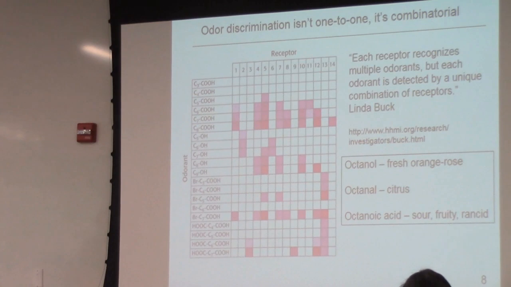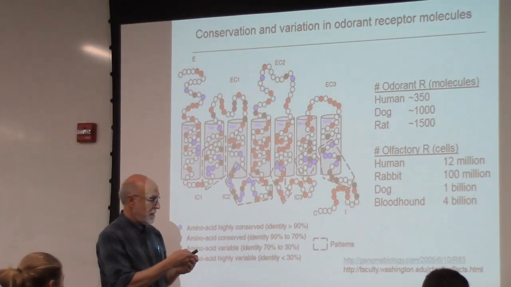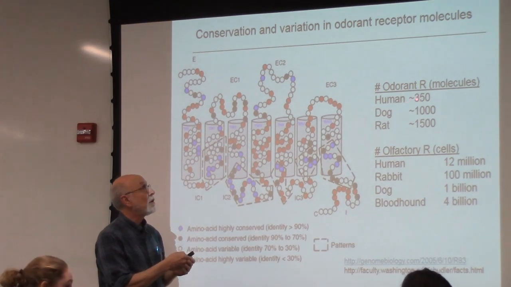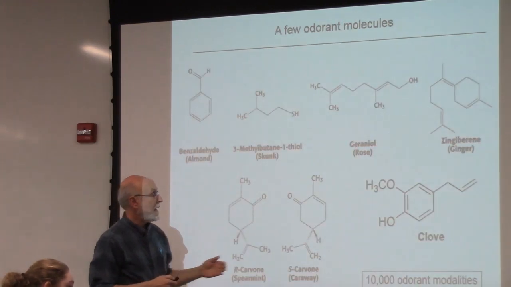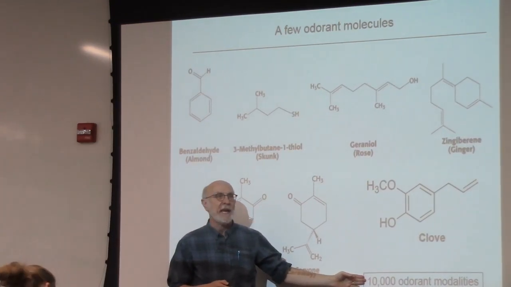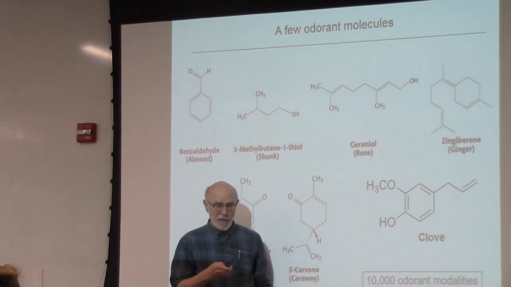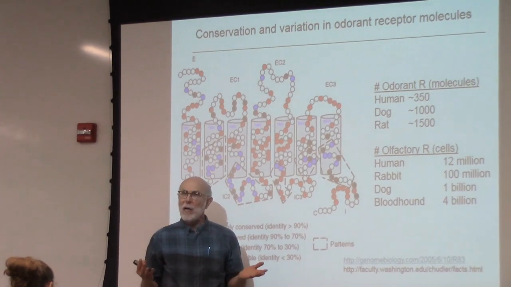Now you're probably wondering, wait a second, we've got 350 different odorant receptors, and yet we can detect something like 10,000 different odorants. We can discriminate 10,000 different odorants with 350 different receptors. How is that possible?